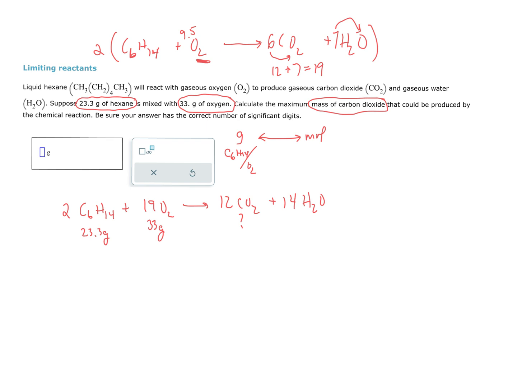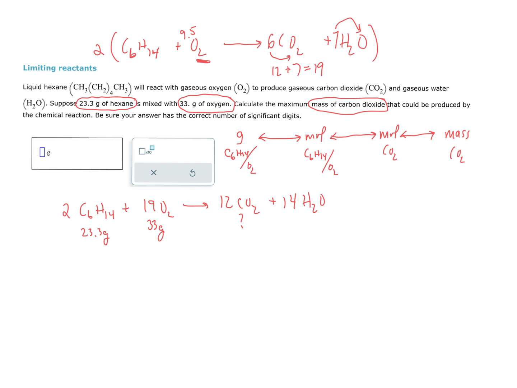I can compare moles to moles. So we're going to get moles of hexane, oxygen, and then we're going to do the mole ratio to get moles of CO2. We'll figure out at this point which one is the limiting reagent, and then we'll carry forward with that one to find the mass of CO2 using the molar mass of carbon dioxide.